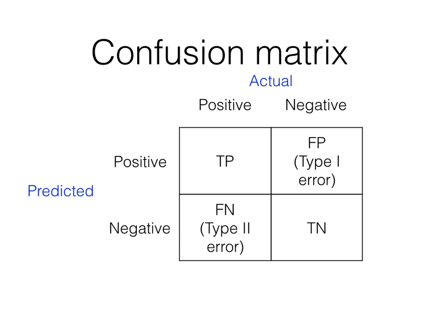So in the top left corner we've got this cell called TP. Now that's going to have a number in it, and that number is the number of data points in the test set that were actually positive and were predicted as positive. So they're called true positives.